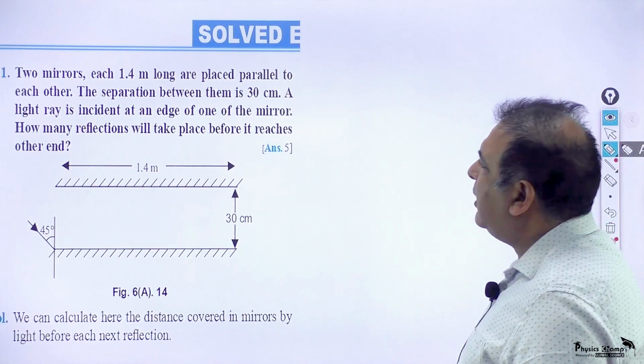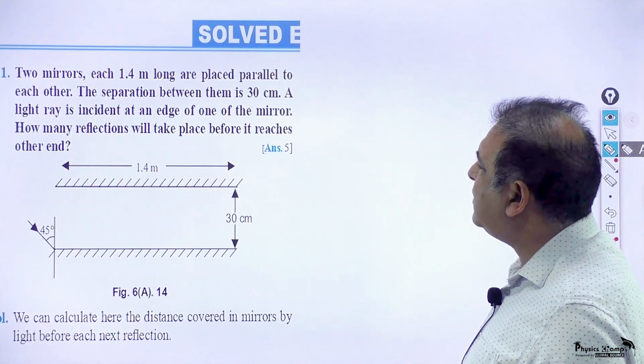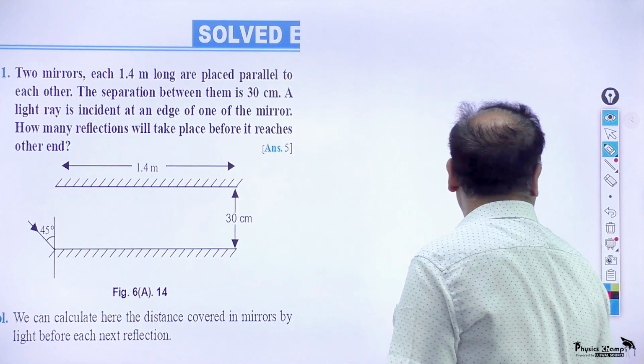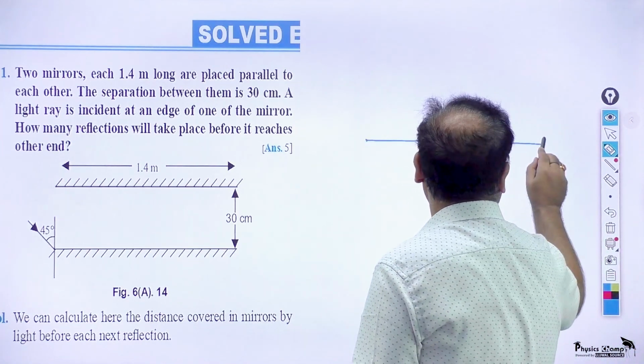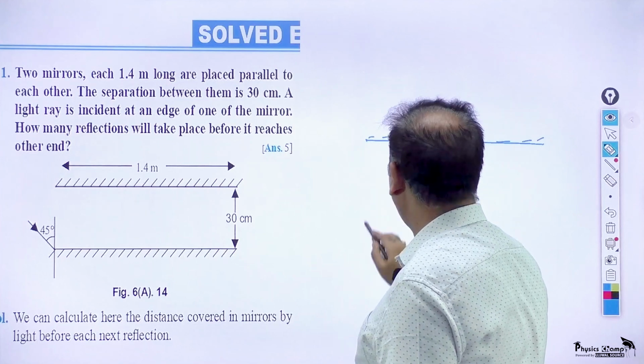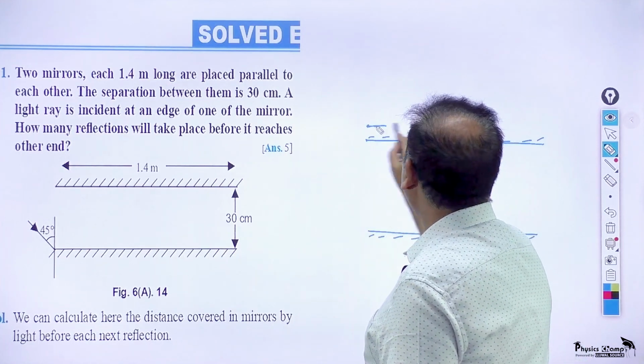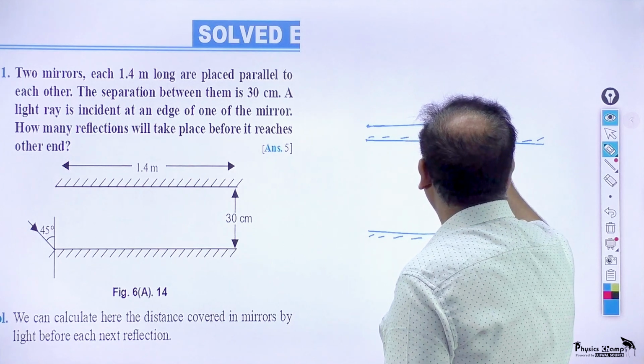It says there are two plane mirrors, each 1.4 meter long, placed parallel to each other. So here you have got two plane mirrors, and both the plane mirrors are 1.4 meter long.